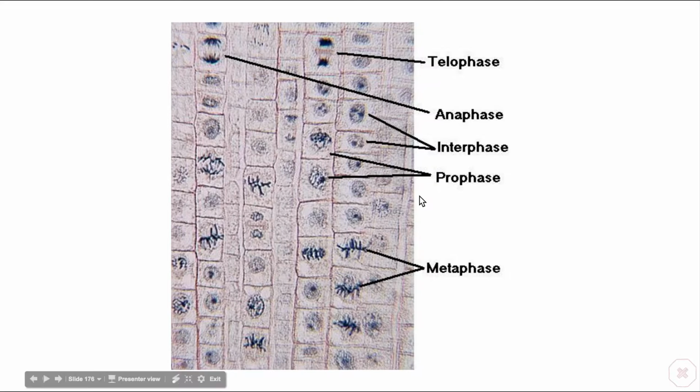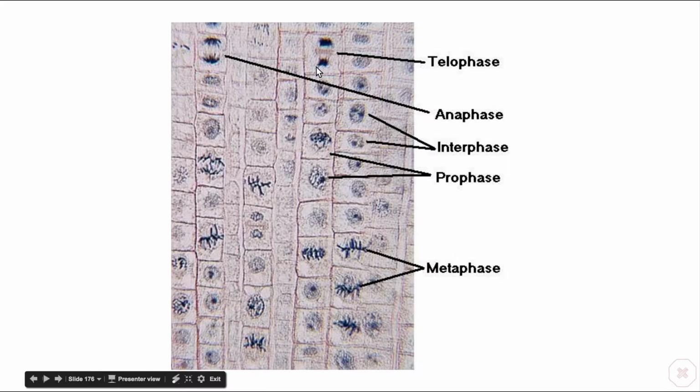So then we have prophase, where we can now see the chromosomes being visible, and they get ready then for the next stage, which is metaphase. We can see here that the chromosomes are lined up along the middle of the cell. Then we have anaphase up here in the top corner, where the chromosomes are pulling apart from one another.